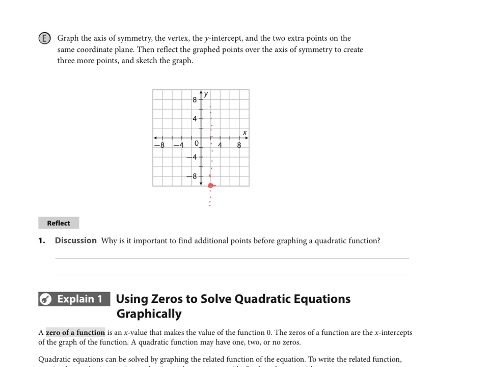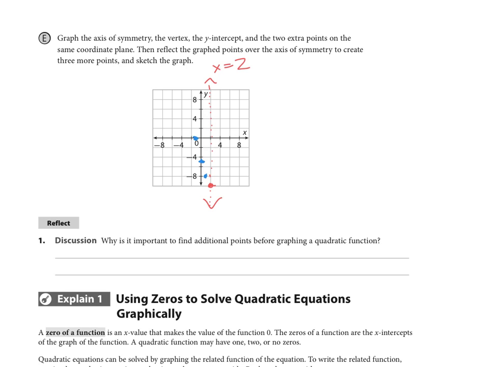I use a dotted line here; you can use a solid line. That is the equation x equals 2, because that's where my vertex is. My y-intercept was at (0, -5), which would be right about there. Then my other 2 points were (1, -8), right about there, and also (-1, 0).